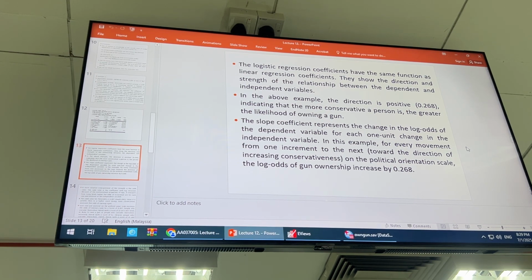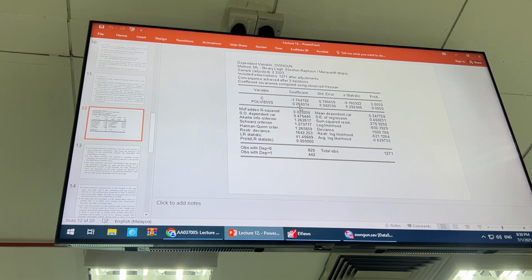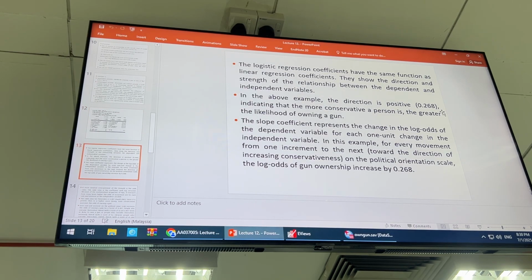They show the direction and strength of the relationship between the dependent and independent variables. In the above example, the direction is positive because the slope coefficient is positive, 0.268, indicating that the more conservative a person is, the greater the likelihood of owning a gun.